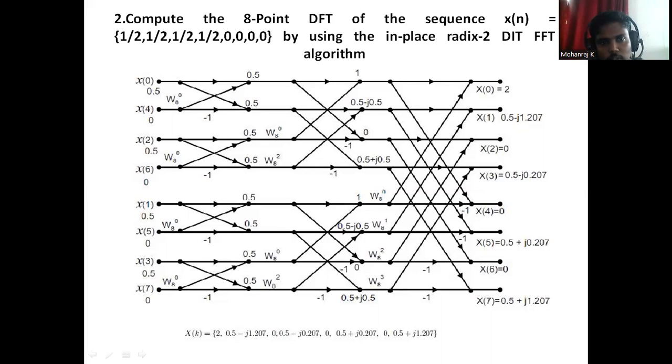Always the bottom value is multiplied by minus 1.